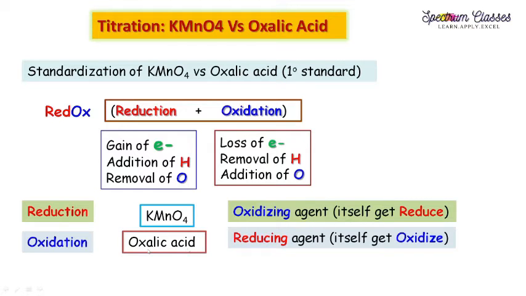Whereas oxalic acid in this titration will get oxidized to carbon dioxide. Since it loses the electron, it itself gets oxidized and works as a reducing agent. So this is the summary of the redox reactions in this titration: what works as an oxidizing agent, what works as a reducing agent, which gets reduced, which gets oxidized. You can grasp these terms from here very carefully.